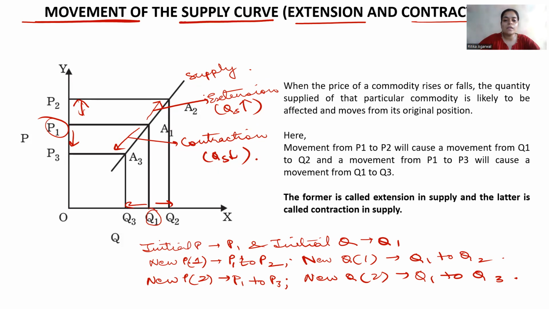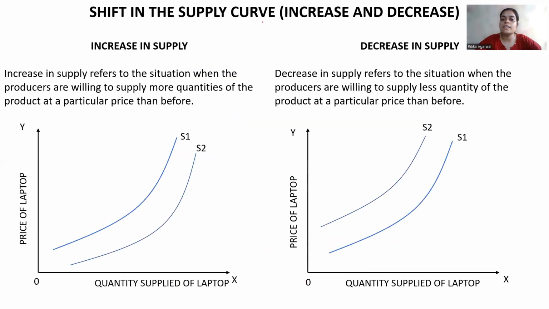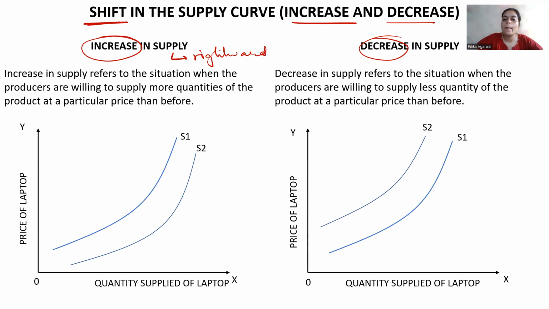We have a similar case with the determinants of supply that will lead to a shift in the supply curve. Now, how will we see the shift? Let's see that. A shift in the supply curve will have increase and decrease, obviously. When there is an increase, the supply curve will shift rightwards. And when there is a decrease, the supply curve will shift leftwards.